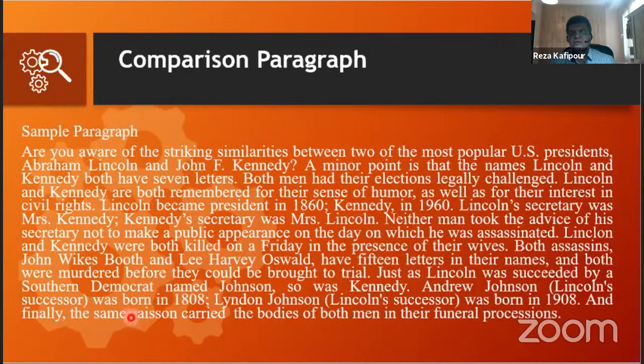So using the structure same to show similarity. So actually it is a typical paragraph to discuss similarities or comparison between two persons or two things based on the structure we discussed before. So if you have any question up to here, I finish the structure for paragraph of comparison. I'm going to start paragraph of contrast.